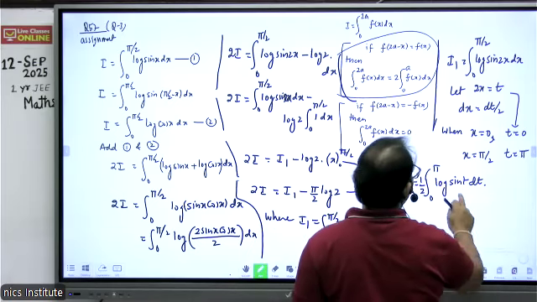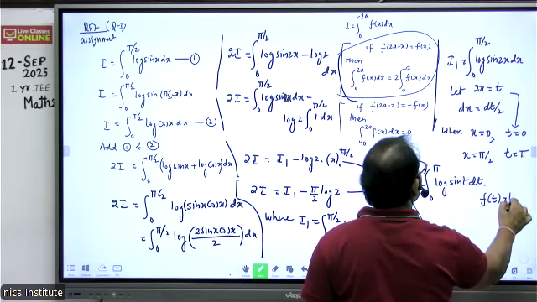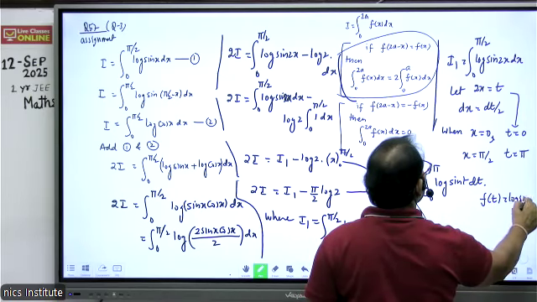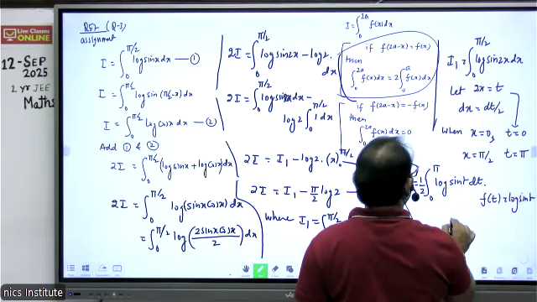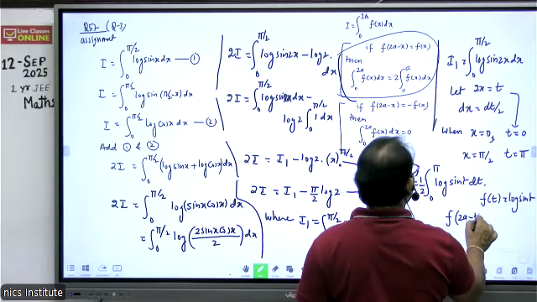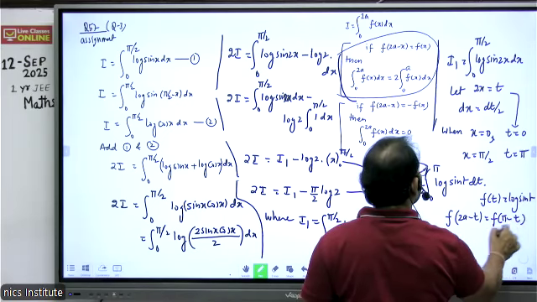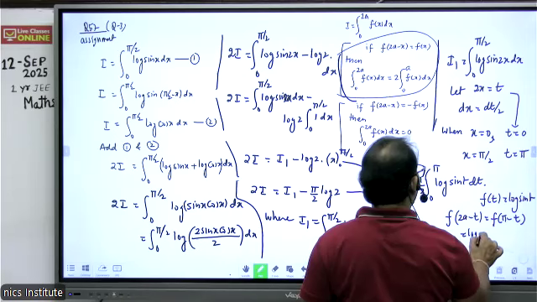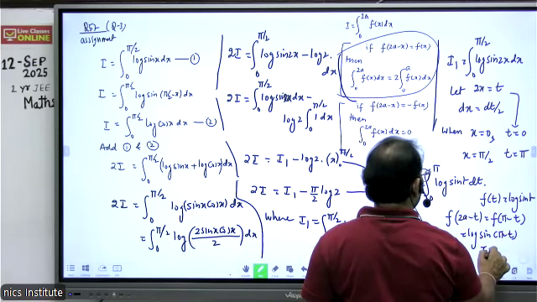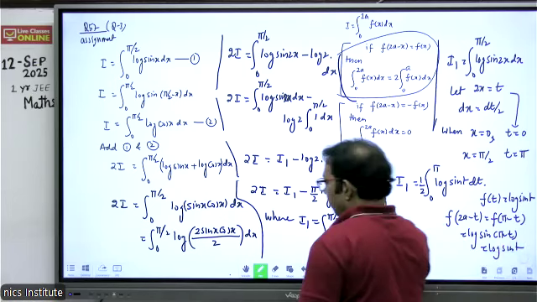We can apply this property. Our function is f of t, which is log sin t. What is 2a? 2a is pi. So 2a minus t would be f of pi minus t. And you know that log sin pi minus t, sin pi minus t is sin t. So this property can be used over here.